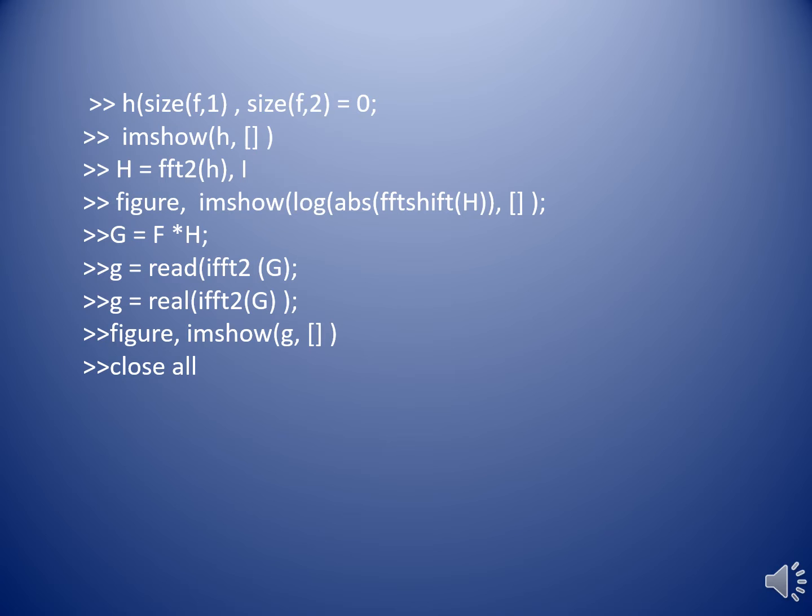So we need to pad it by assigning the point in the lower right hand corner to be a 0. Taking the fast Fourier transform of the filter as capital H, just for visualization, we get the Fourier transform of the filter. Now we take the inverse Fourier transform of capital G, so that we will get a blurry version of the input image as a result.